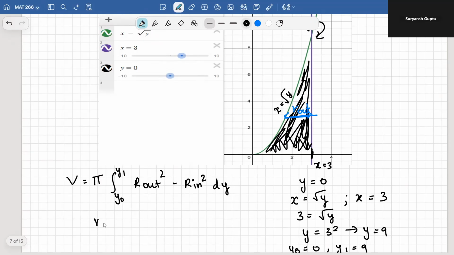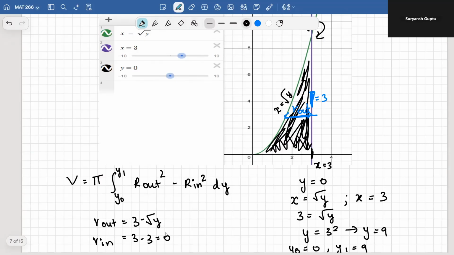So I can write r out is equal to 3 minus root y. And r in, since we're rotating about this line, this is our r in, this line here, and this line is just equal to 3. So r in is just equal to 3 minus 3, which is equal to 0.